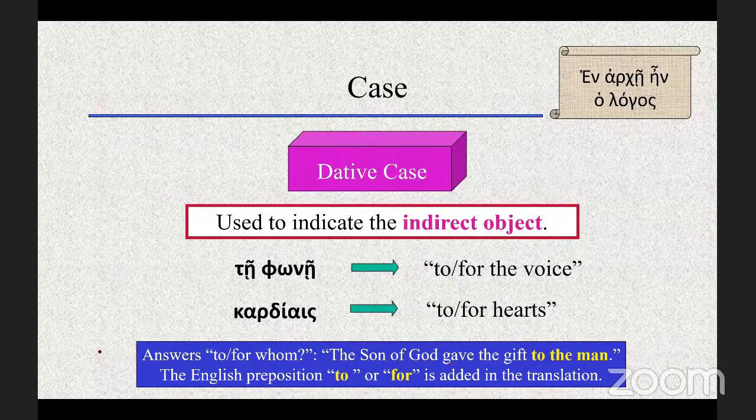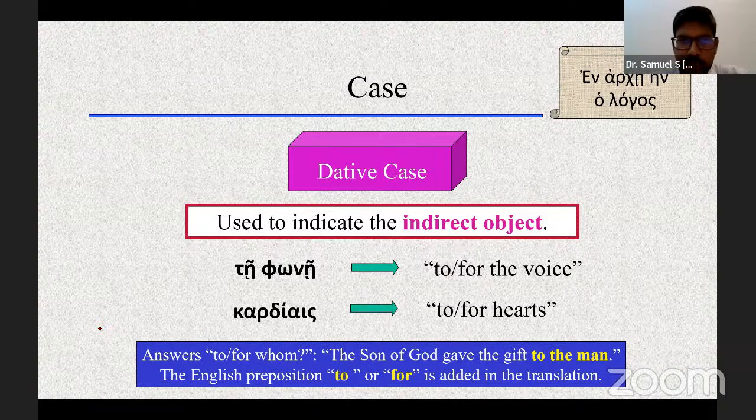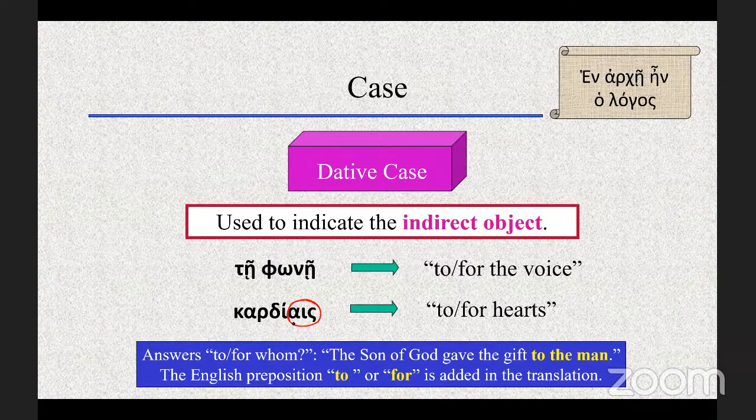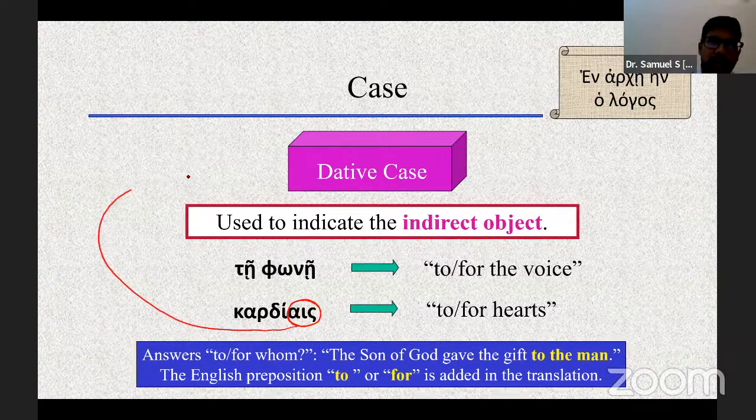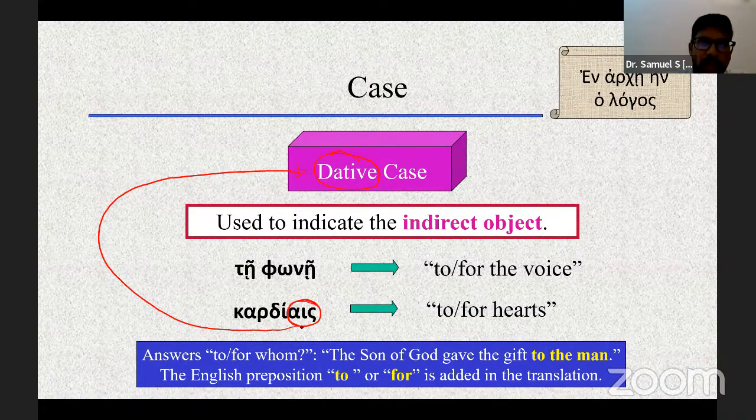Yes, I see a question. Can you explain the second example, cardiais? Like from the first one, we can see that the iota subscript is indicating it. For the second one, it's this ending. The ending is communicating the dative case. Now, how do we know that this ending is communicating the dative case?